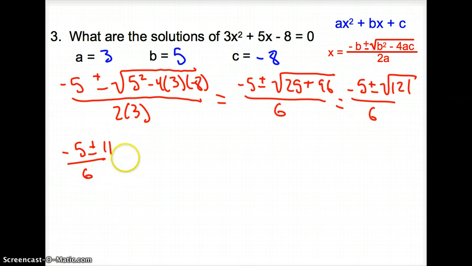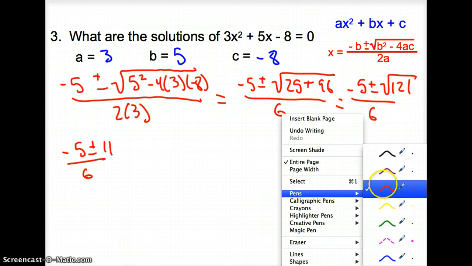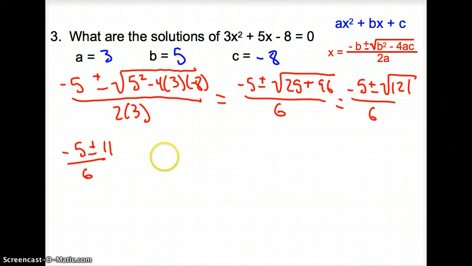Now we could leave this as an answer, but we have a plus and a minus, so that means we're going to have two different answers, and I'm going to change the color of my pen for these. Purple for one, where I have negative 5 plus 11 all over 6, which is 6 over 6 equals 1.